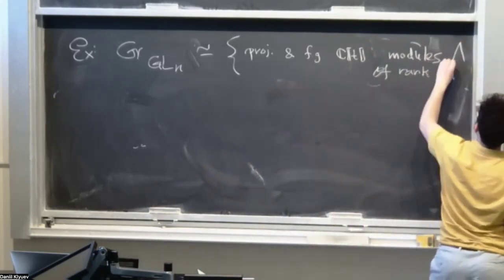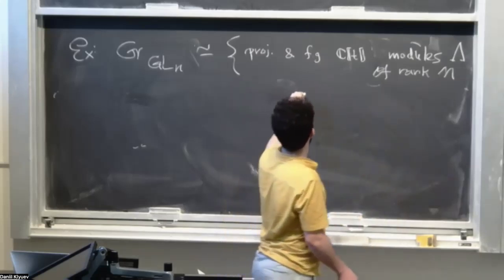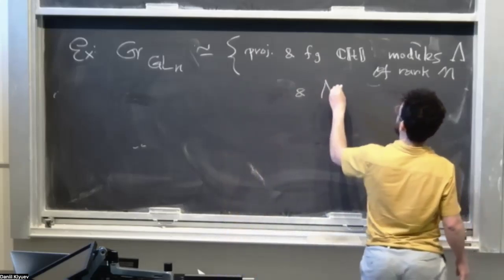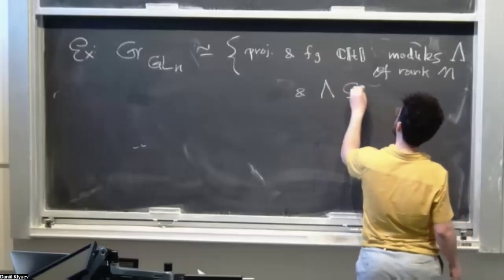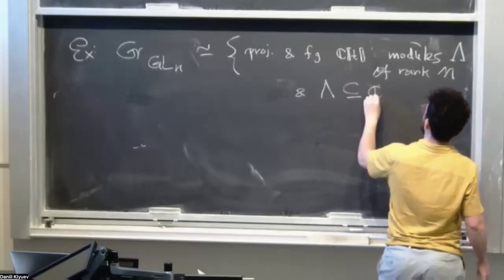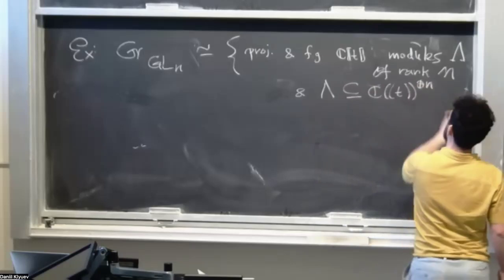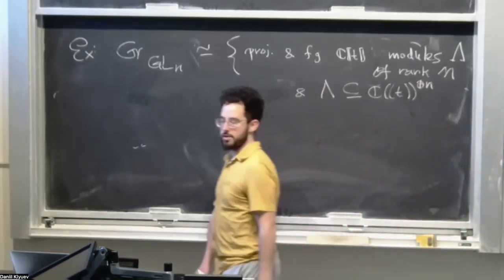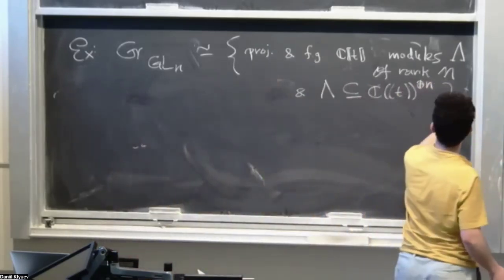Let's give that module a name, lambda, and we want an embedding of it into the trivial bundle after we restrict to the punctured disk. So this is basically the definition of a lattice.